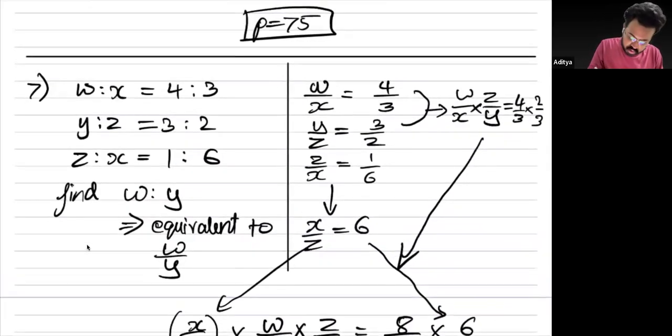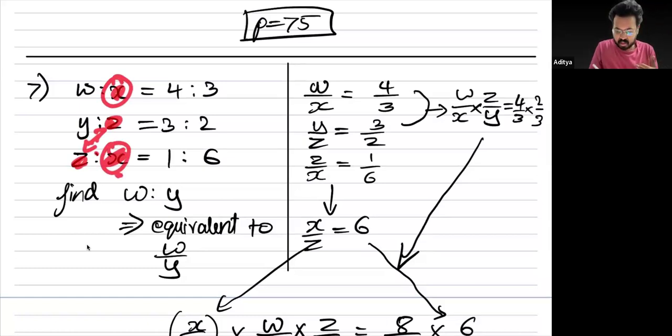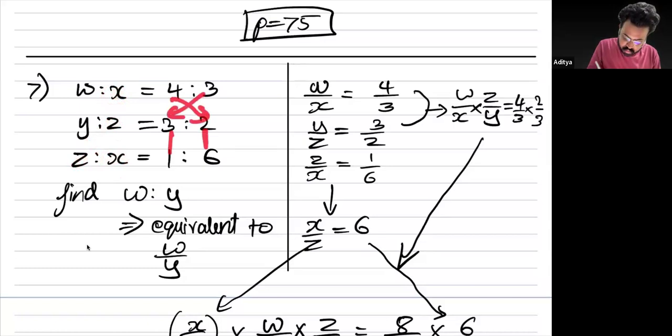Another way to actually do this is, one second, from here, if you want to just remove x and z, you can see that z and z are like opposite placed, whereas x and x are placed one on top of each other. It is easy to just multiply all of these.